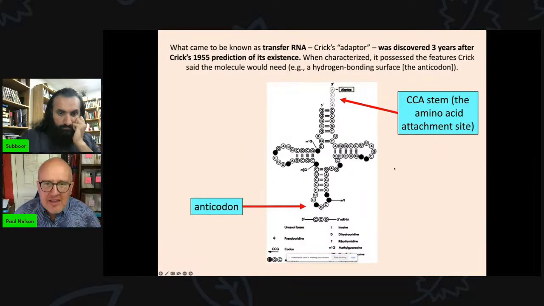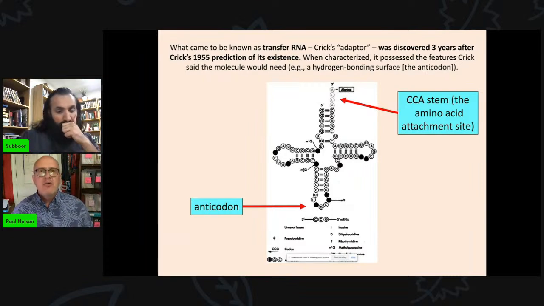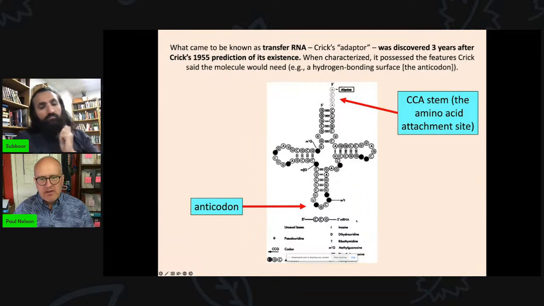Transfer RNA is the adapter. But notice, it was discovered and characterized 3 years after he predicted its existence in 1955. And when it was discovered and characterized, it had all the features he said needed to be there, such as the anticodon, right? So here's your messenger RNA strand down here. We're just looking at one codon. This is going to bind with that in the ribosome.